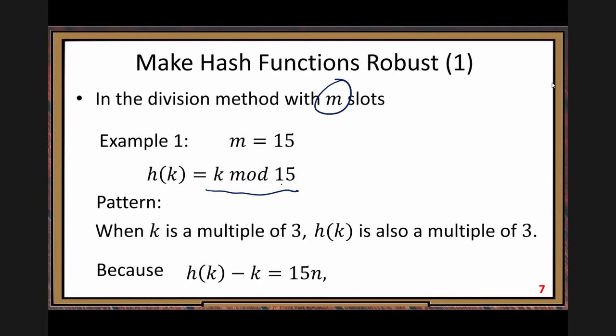That's the remainder part, right? Because when you mod, you remove the multiple of 15 and only keep the remainder part.